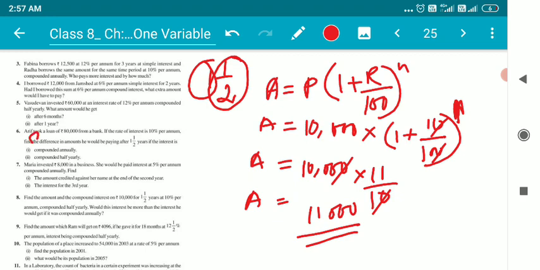So as we all know that simple interest is equal to principal into r into t by 100.